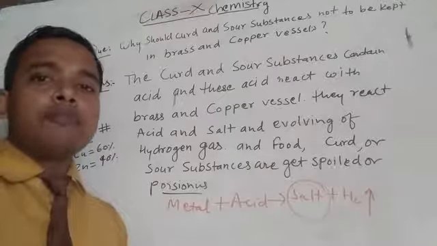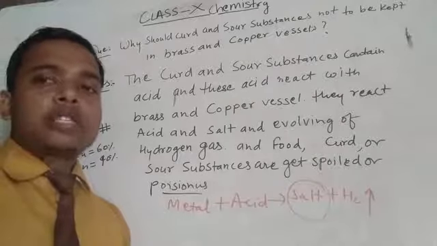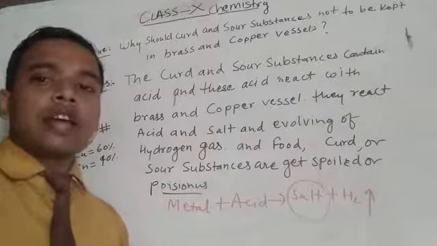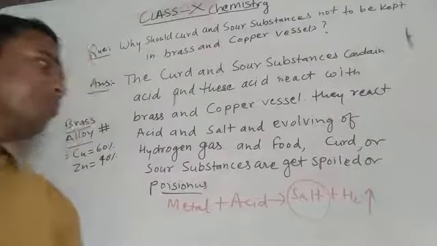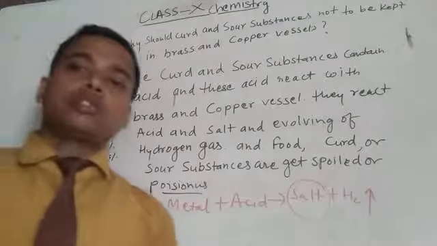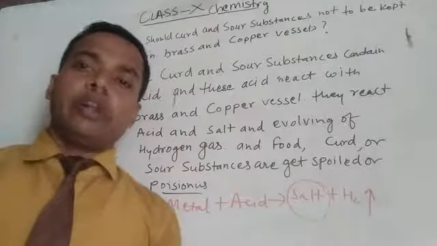The property of the food ultimately changes. That's why the food gets spoiled. In this way we can clearly say that we should not keep different types of food, curd or sour substances in brass or copper vessels.